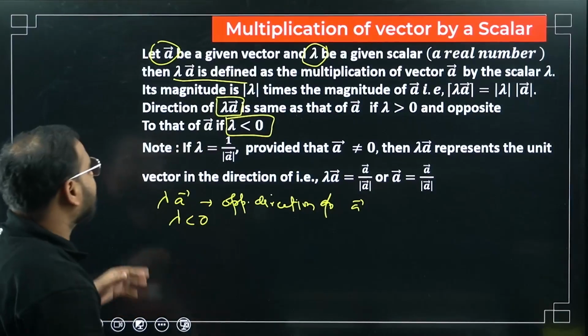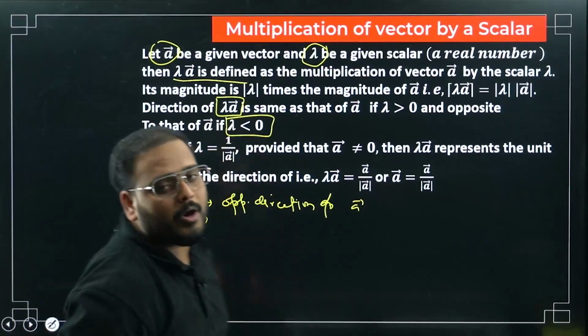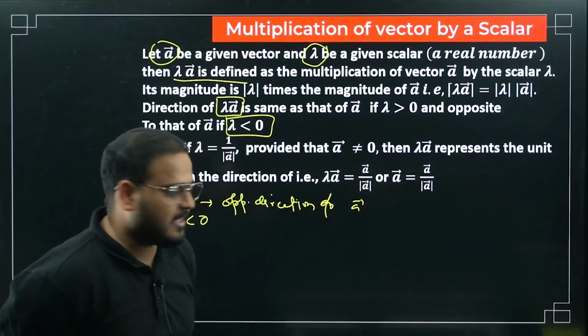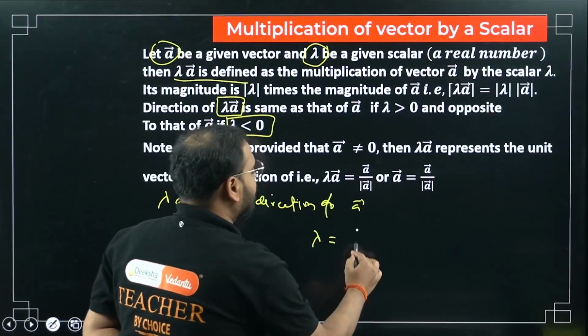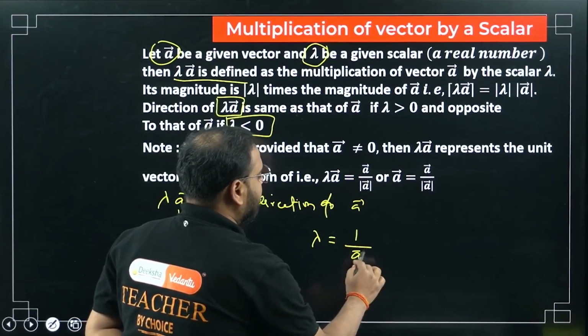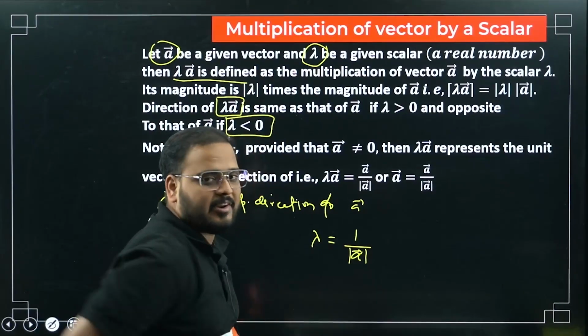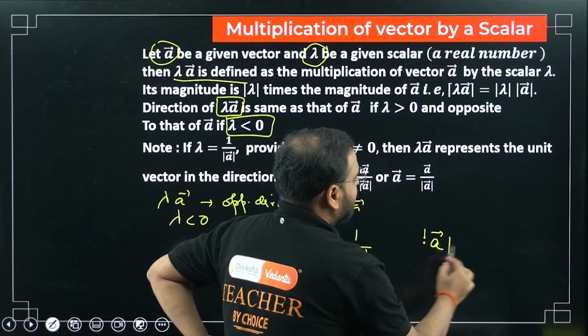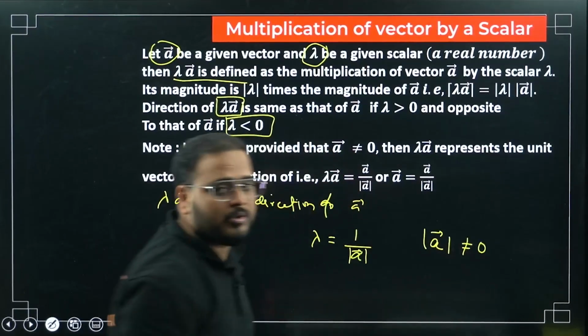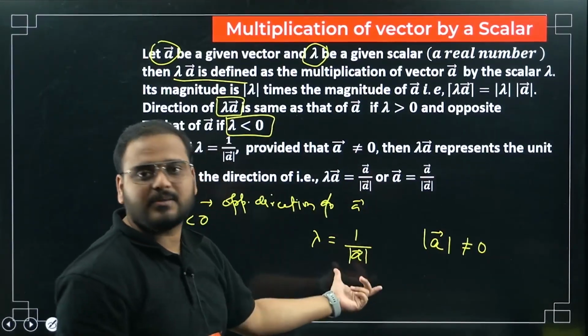Now one more thing. If lambda is equal to 1 upon the magnitude of the vector A, provided that vector A is a non-zero vector, meaning the magnitude of A is non-zero, it cannot be equal to 0, then only this condition is satisfied. Otherwise it will be undefined.